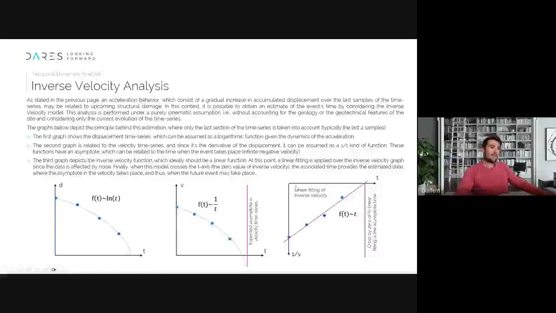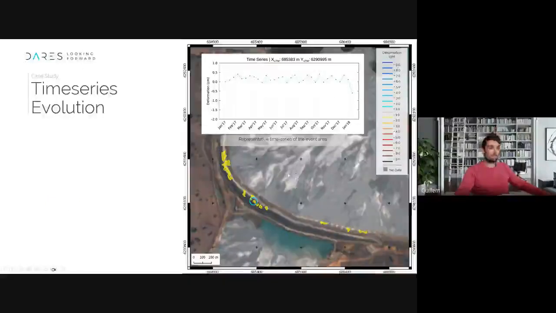Here we have an example. This is a tailings dam, and here we have tailings. With the analysis performed with InSAR, you could see that between the last image of December 2017 and the first image of January 2018, there was an increase in the displacement.